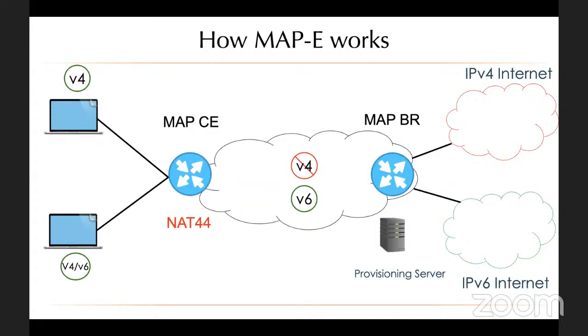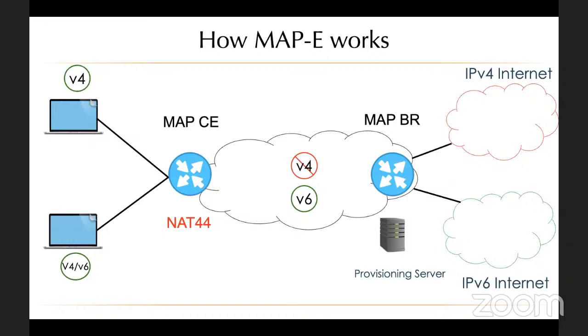So the CE is going to send a solicit message with the ORO, the option request option, requesting the MAP-E container. Because remember we said for MAP-E, the CPE needs a public IPv4 address, it needs a set of ports, and then it needs to know what is my exit point, or what is the border relay, the MAP BR. So all this information is sent in a container.